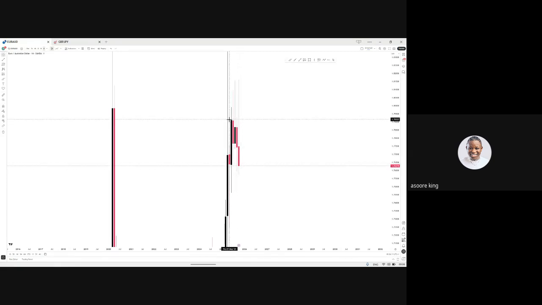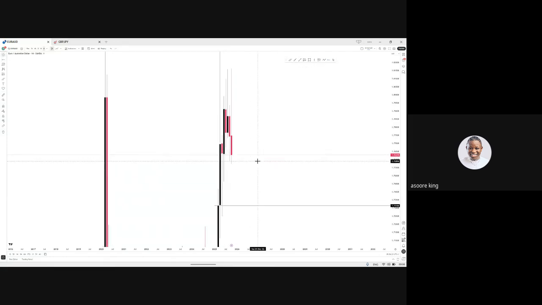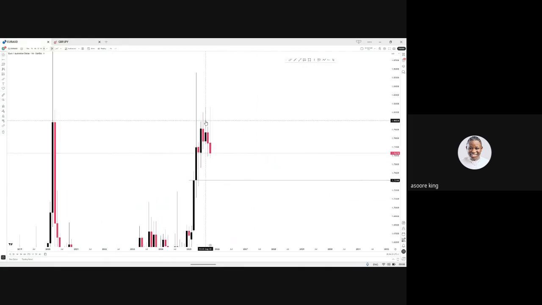This is the candle. It rejected the resistance, and it's going to a monthly support. Now the problem is that this monthly support was supposed to be the TP, and price broke below that monthly support.